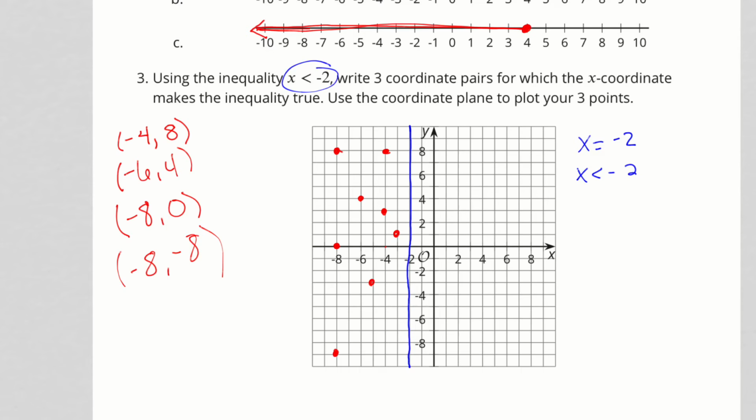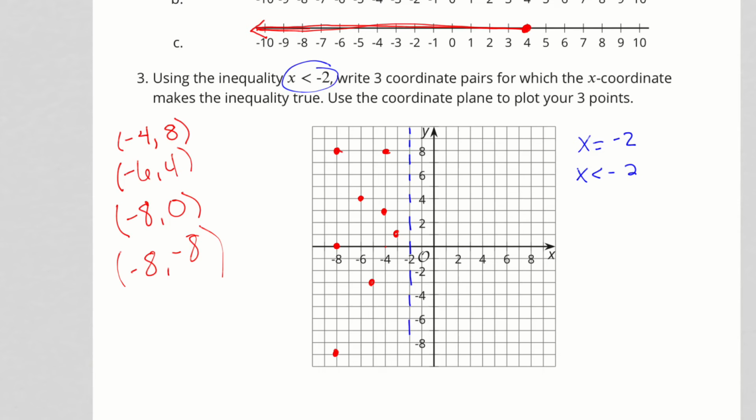So whenever we're graphing like this, I'm going to go ahead and show you this on this page. You're going to do a dashed line. So I'm going to erase this. All you have to do is go through and make dashes.